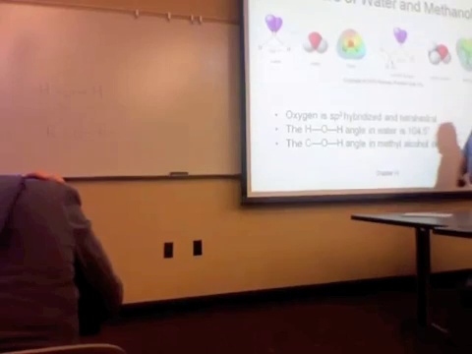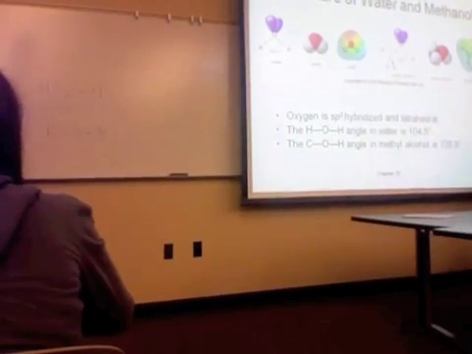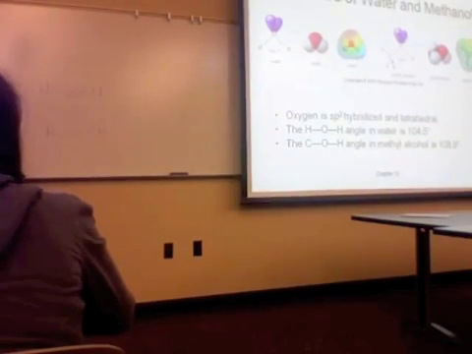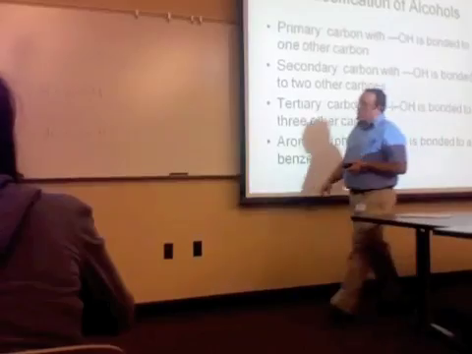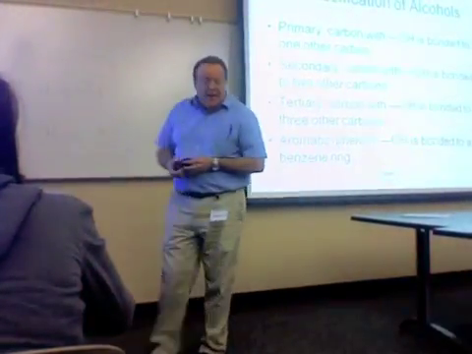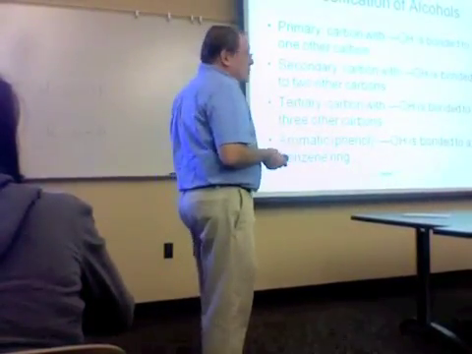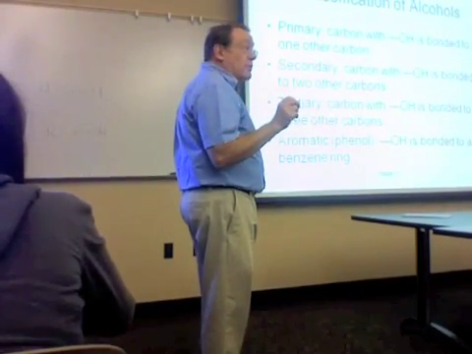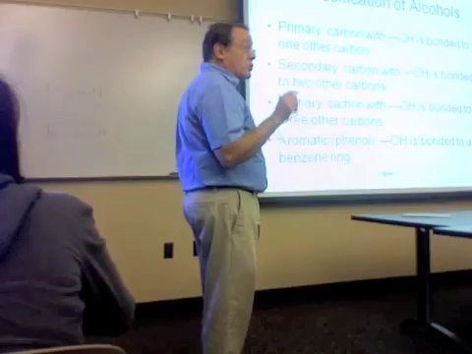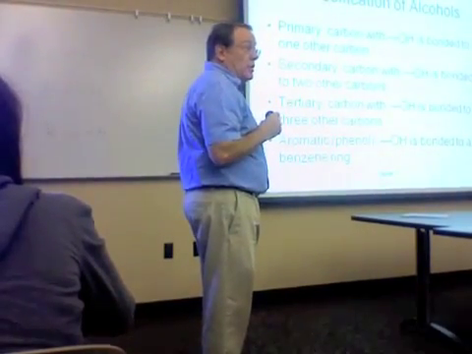And this is what we just went through here. Alcohols can be classified as primary alcohols, secondary alcohols, or tertiary alcohols, depending on the nature of the carbon group to which they're attached. Primary alcohols will be alcohols where the carbon has only one carbon neighbor.